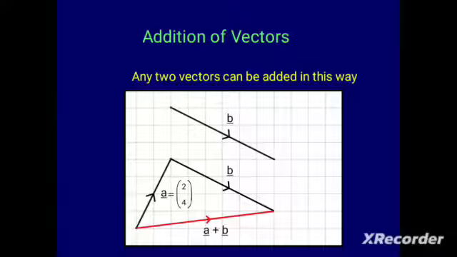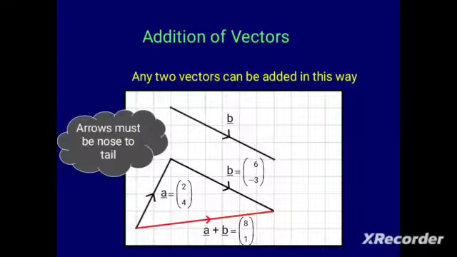Suppose vector A is given the coordinates 2, 4, and vector B is given the coordinates 6, -3. The resultant vector, that is vector A plus vector B, will be 2, 4 plus 6, -3, which is 8, 1.